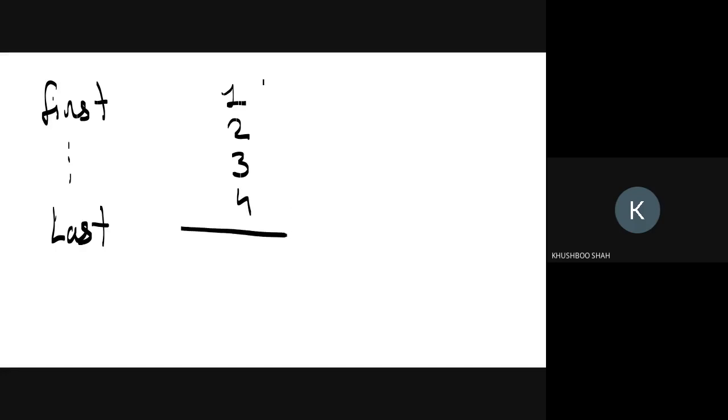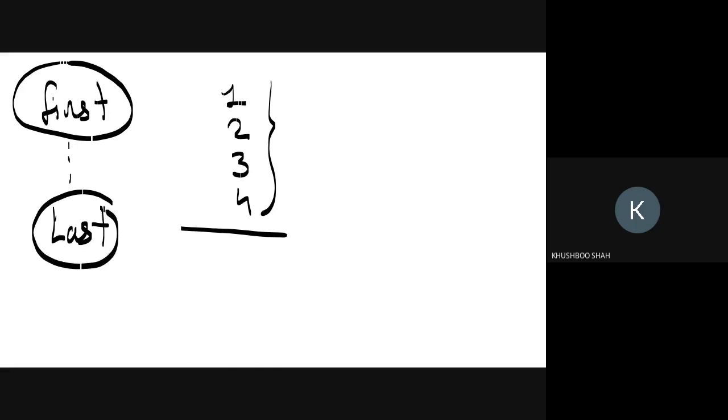First node, last node, and in between other nodes, second, third, fourth. Usually the user will enter the number, like first node, second node, third node, fourth node. So these are the choices. Now we will see what we need to do when we say delete the first node, delete the last node, or delete the in between nodes.